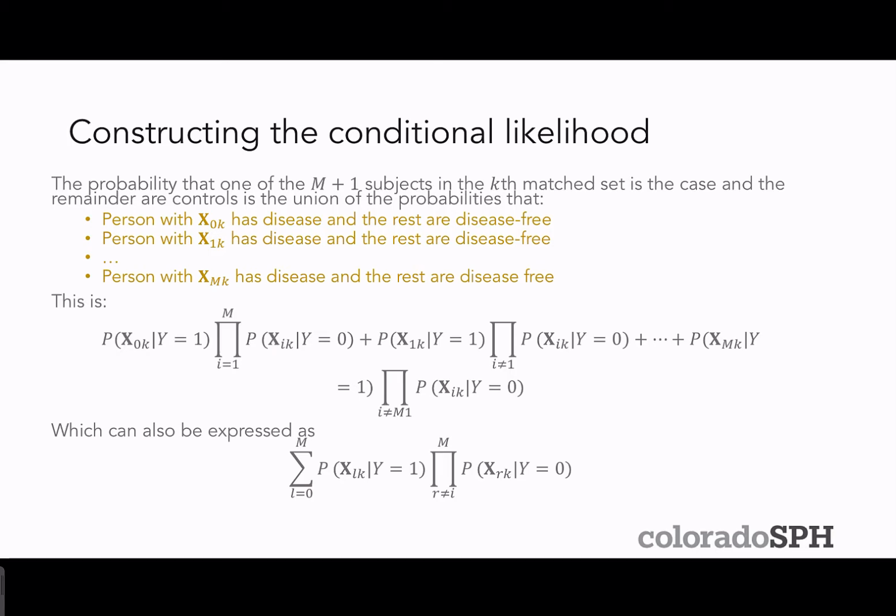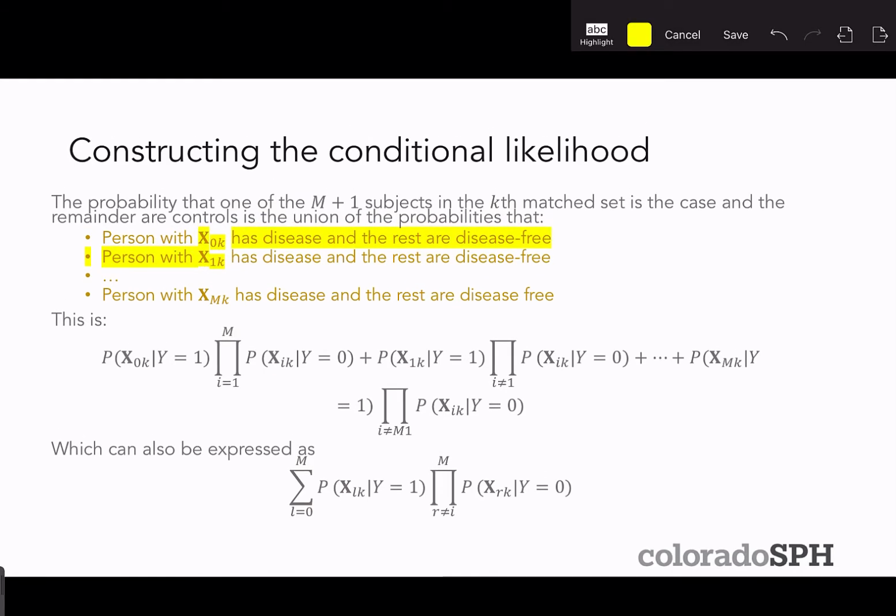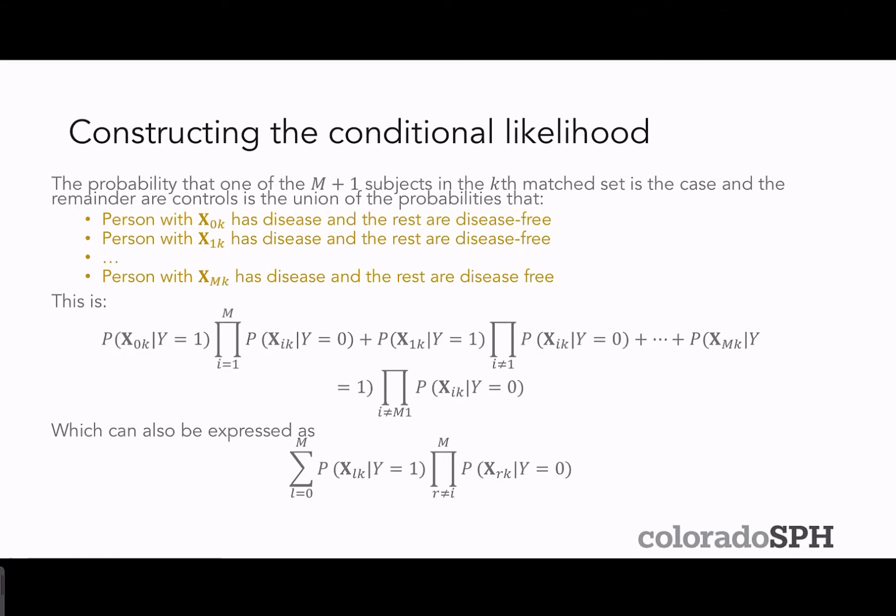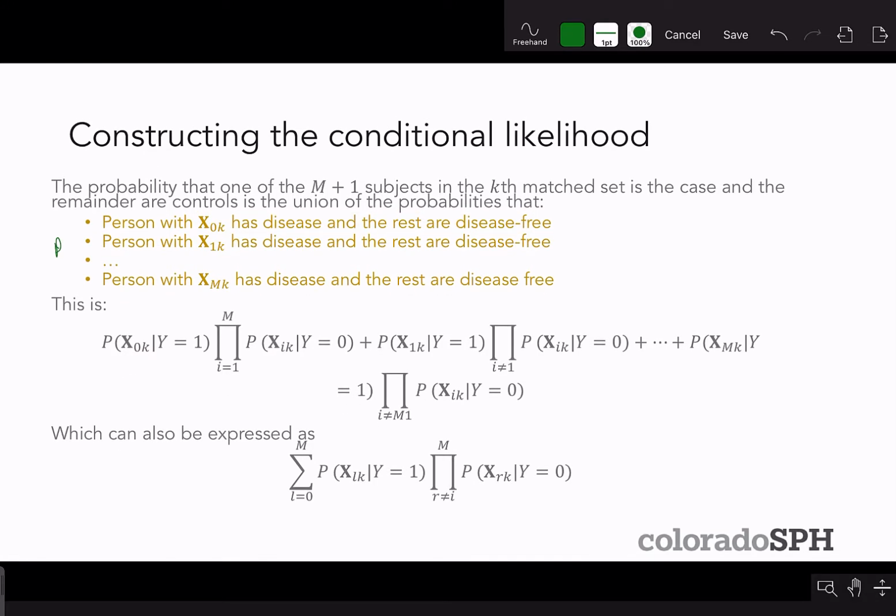So then the total probability that one of the m plus 1 subjects in the kth matched set is the case and the remainder are the controls is the union of the probabilities that the person with the covariate set x_0k has disease and the rest are disease-free, and the probability that the person with covariate set x_1k has disease and the rest are disease-free, up to the probability that the person with the mth covariate set has disease and the rest are disease-free.